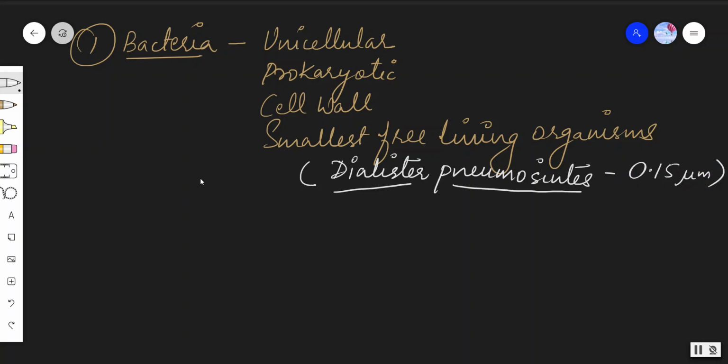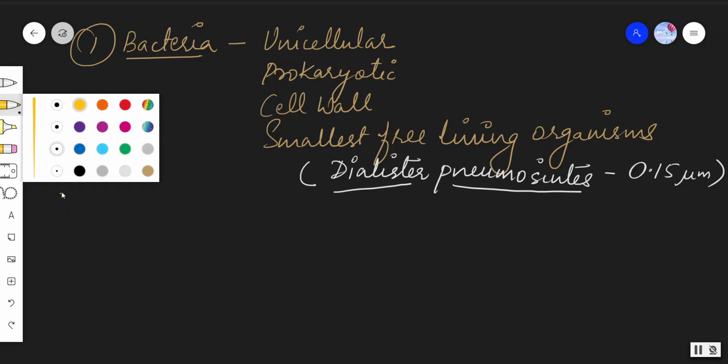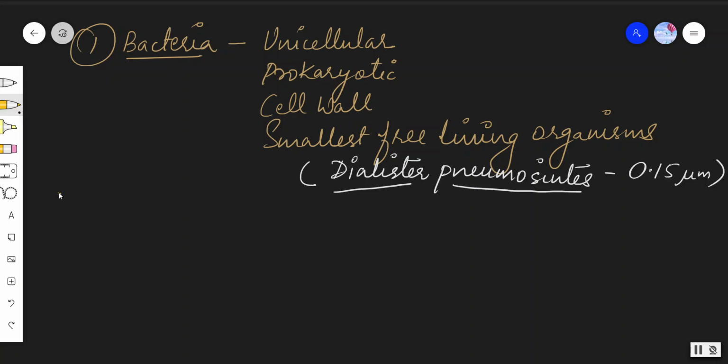Okay, clear? Now we are going to discuss a little bit in detail. So let's take types of bacteria. What are the types of bacteria means what are the shapes in which the bacteria are being found. Okay, so let me take it.